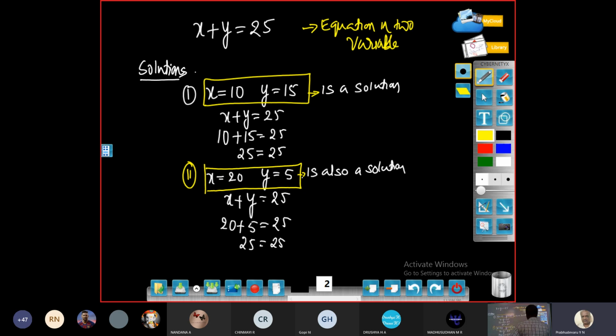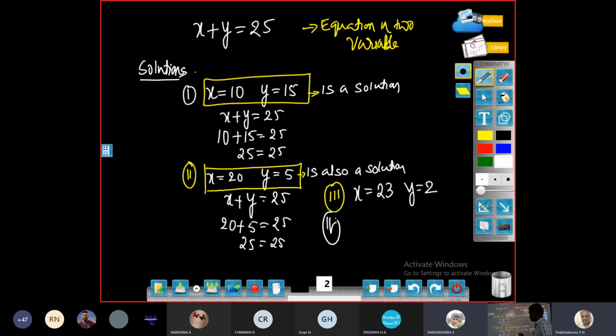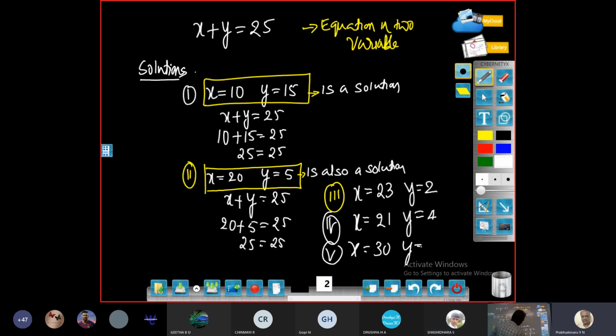Now, any other values? I want the list of answers here. x is equal to 23, y is equal to 2. x is equal to 21, y is equal to 4. x is equal to 19, y is equal to 6. x is equal to 30, y is equal to minus 5.